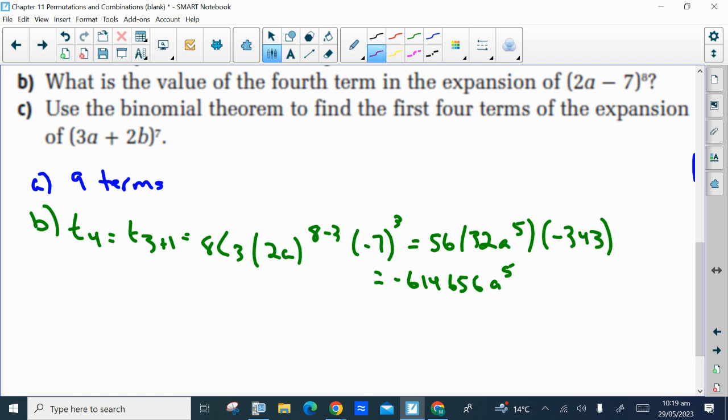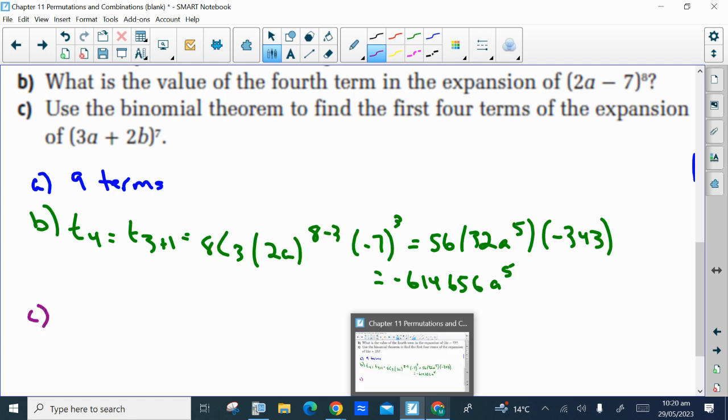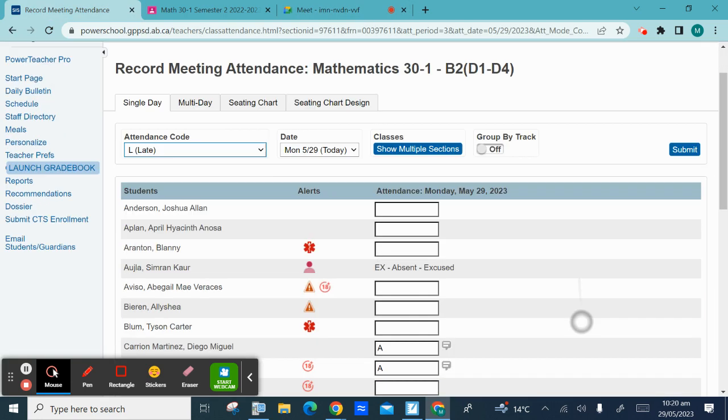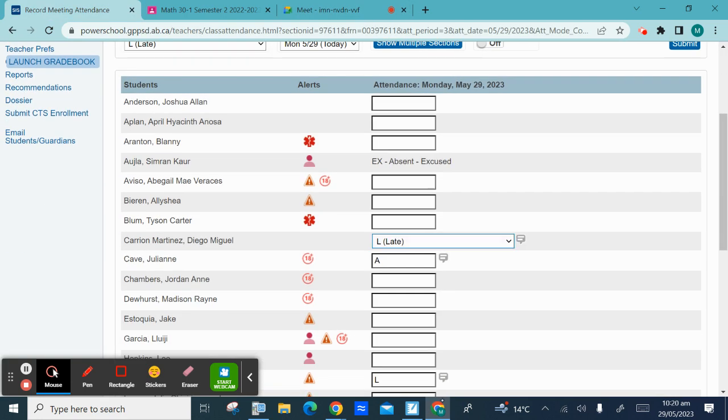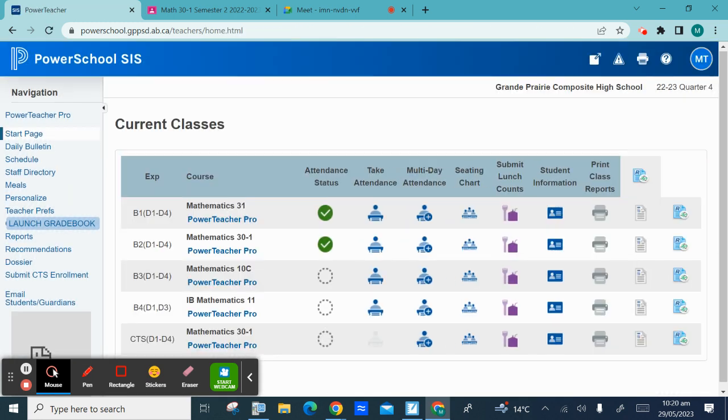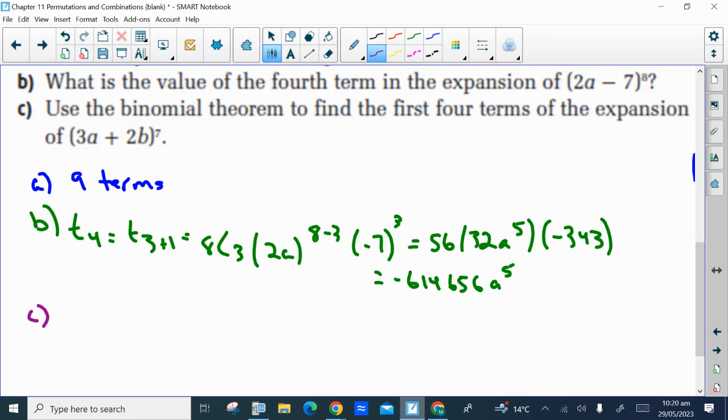And part C asks us to use binomial theorem to find the first 4 terms of the expansion of 3a plus 2b to the power 7. So the value of n is 7.